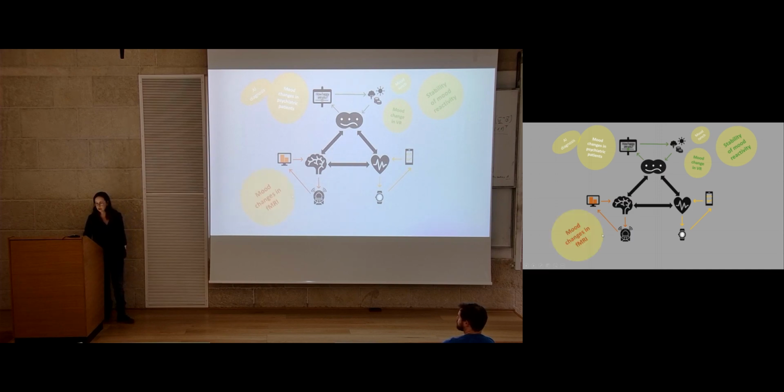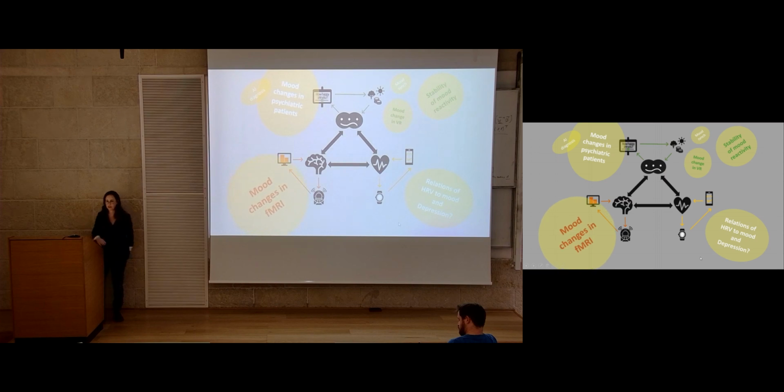We study these mood changes and transitions now in fMRI, and also with physiological measures. So currently we measure eye tracking and HRV, and next time I really hope to provide the results in these two projects, because these are really ongoing and the data is accumulating, but it's still too early.